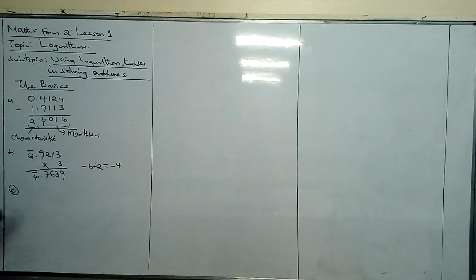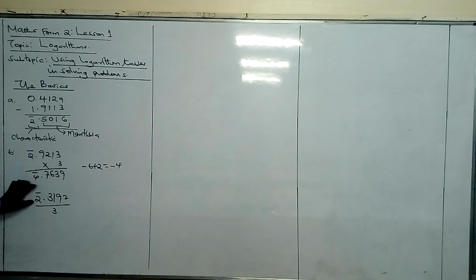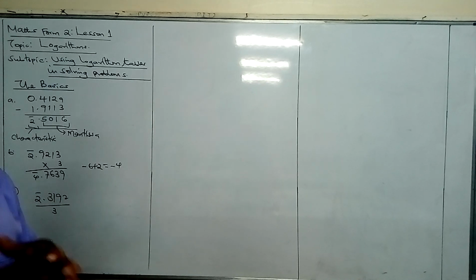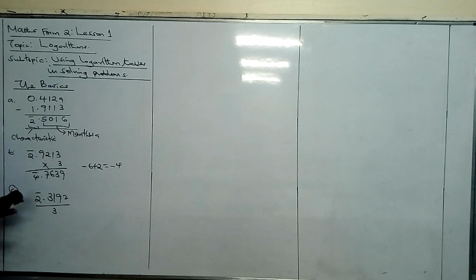So if you have been given a number like bar 2.3192 and you are dividing by 3, as long as the characteristic, which is the whole part, is not positive, you are not supposed to use your calculator. You can only apply a calculator if the characteristic is positive, but in this case it is a minus.